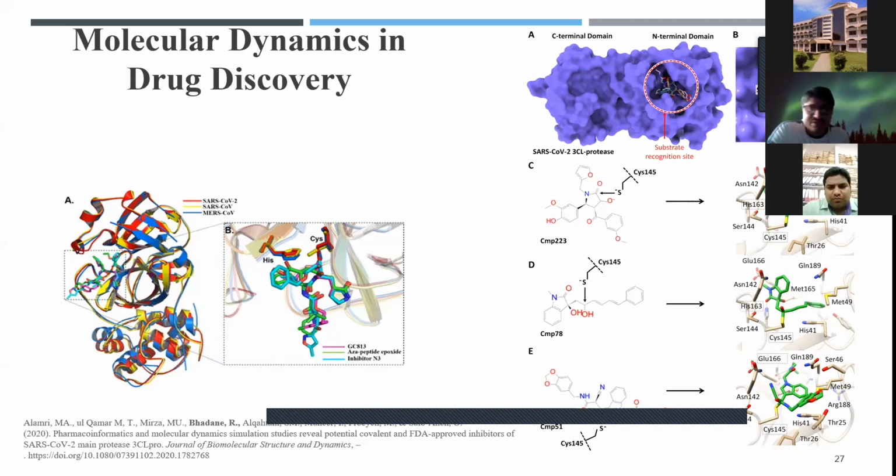So if we start directly with the production simulation, the structure of the protein may collapse. Your model may not be properly equilibrated, and then you will get a very zigzag RMSD. So to avoid that, you need to equilibrate the system.